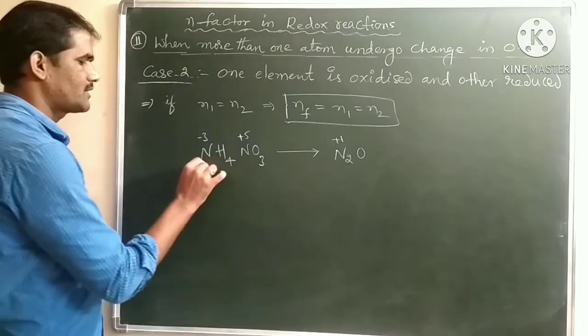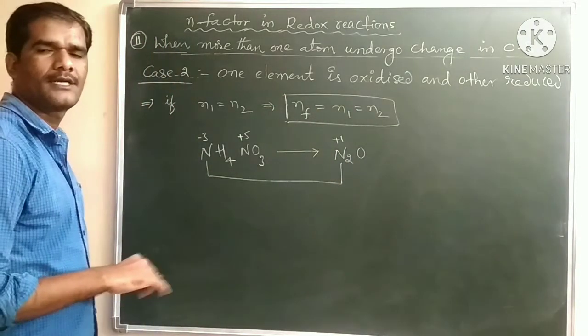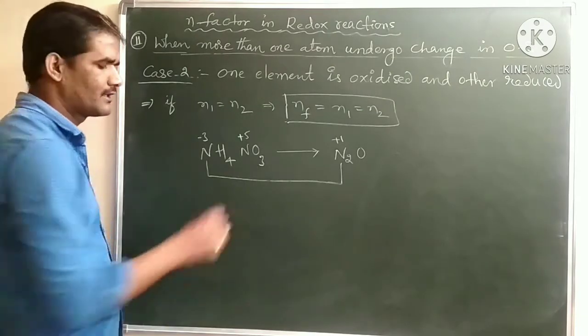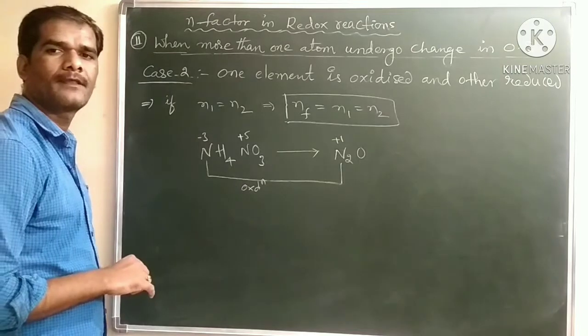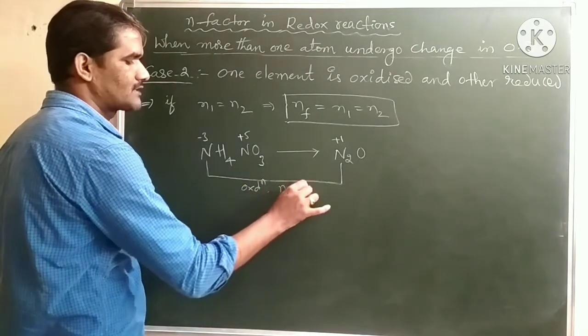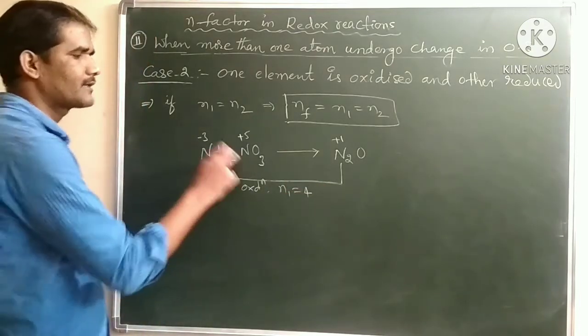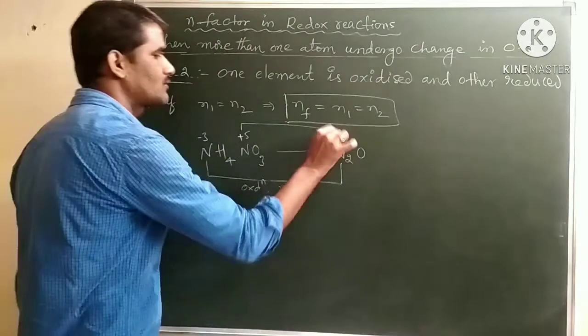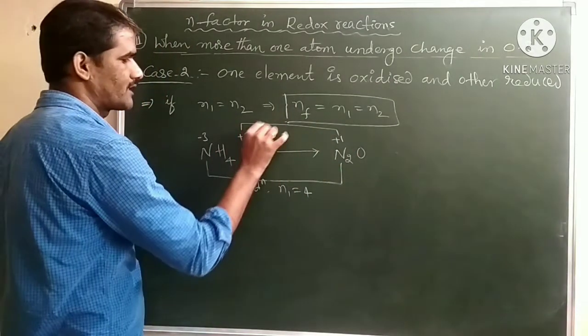Now see this nitrogen, -3 to +1. It is increasing the oxidation state. It is an oxidation process. What is the change? -3 to +1, 4. n1 equal to 4. And here +5 to +1, decreasing in oxidation state. This is a reduction.